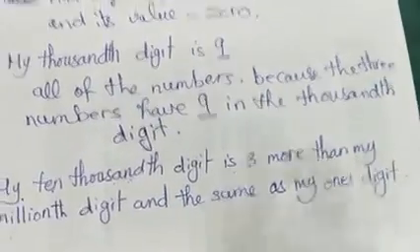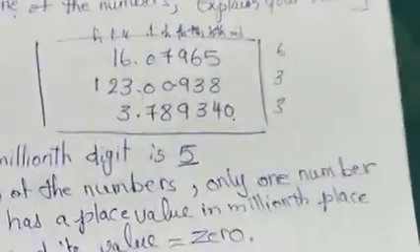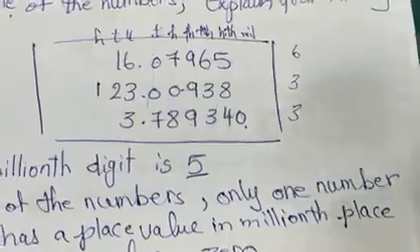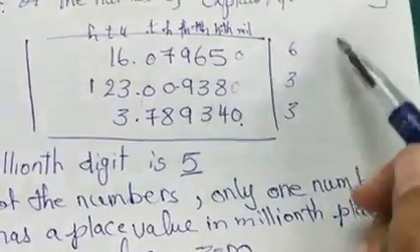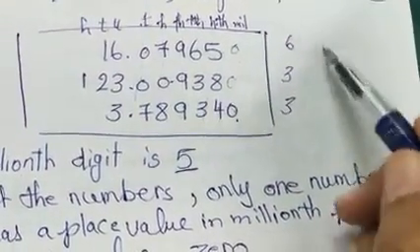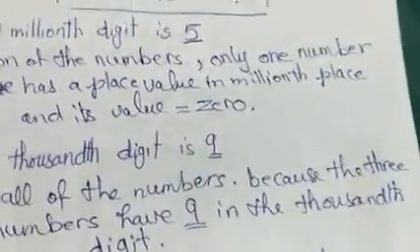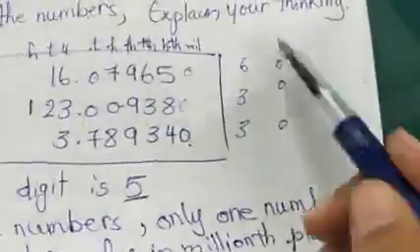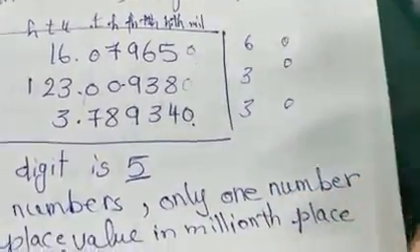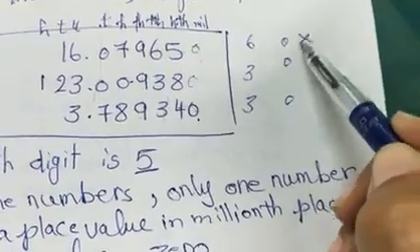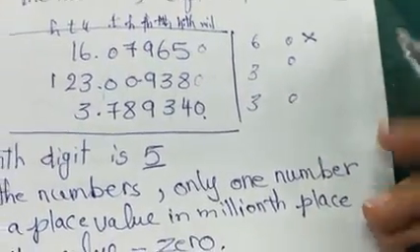The millionth digits are 0 and 0, so the 3 millions are 0. He said 3 more than my millionth digit. Here it is 6 more, 6 plus 0 equals 6. So this number is wrong, not correct.